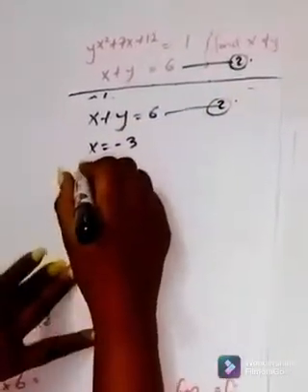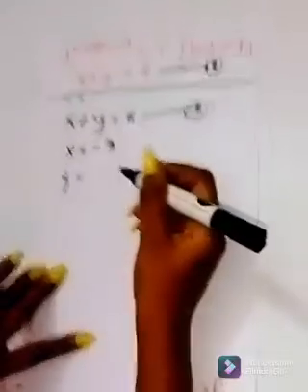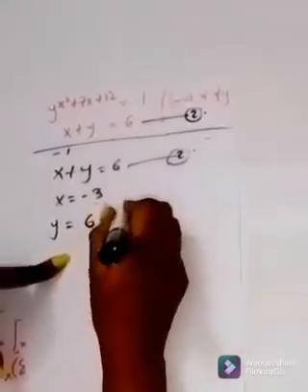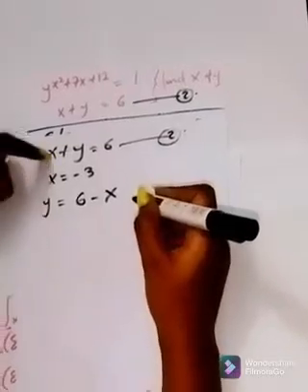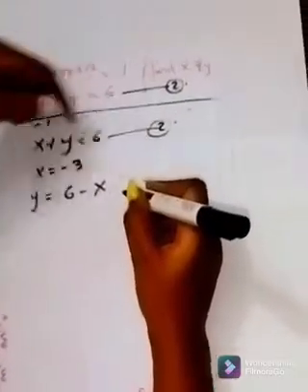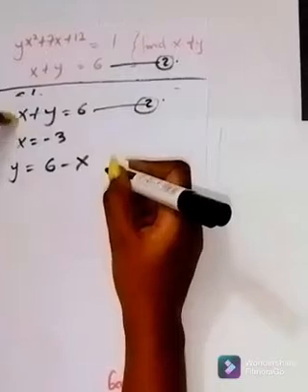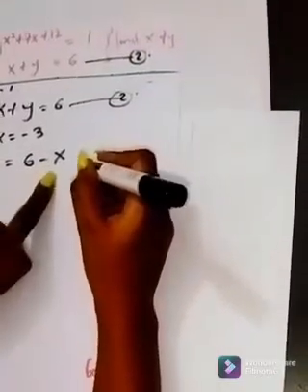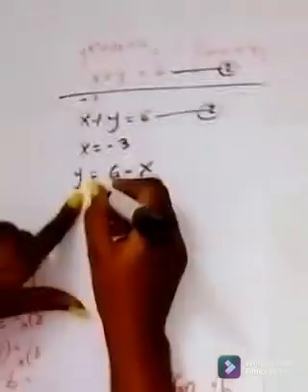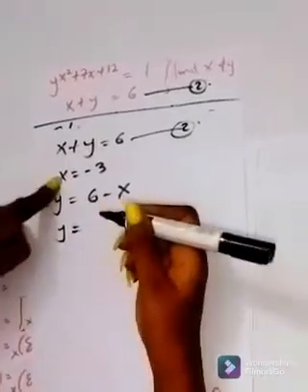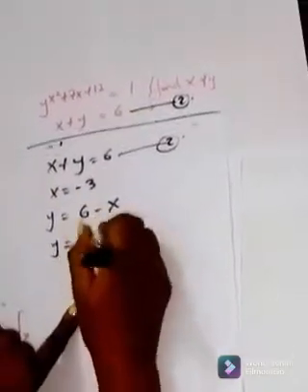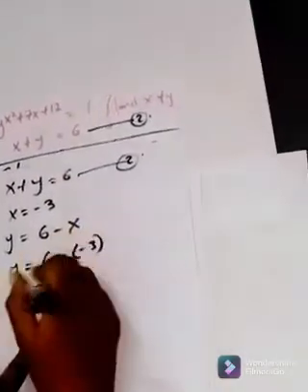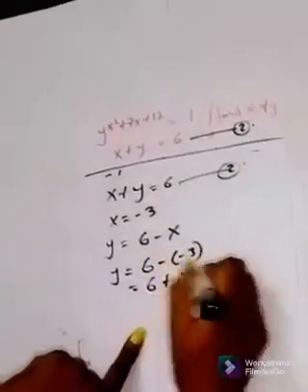So we'll make y the subject of this equation. It becomes 6 minus x. I subtracted x from both sides, or I moved x to the other side, giving us minus x. Okay, so substituting the value of x, we have 6 minus minus 3, which is equal to 6 plus 3.